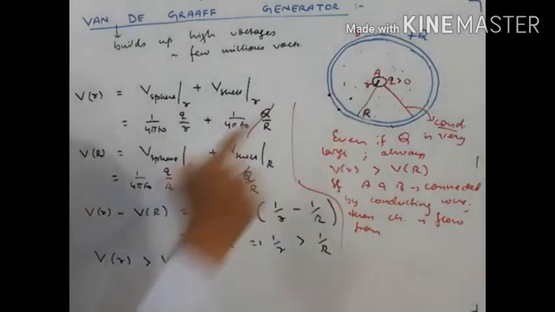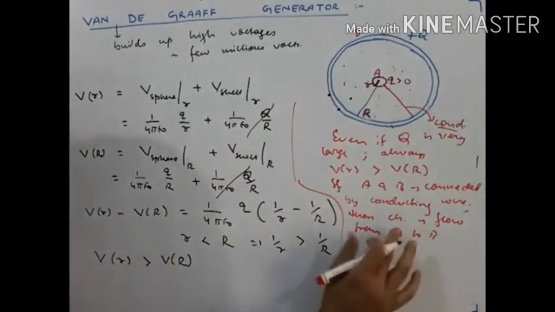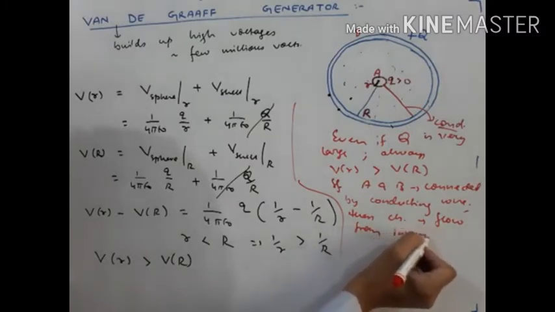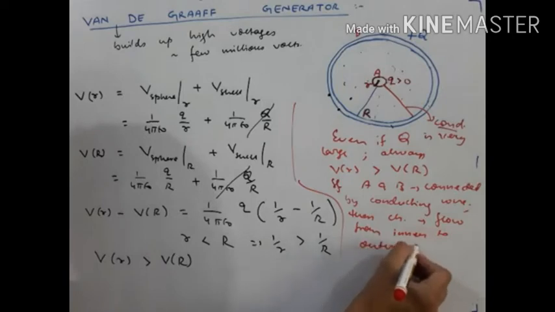So the inner one is at higher potential, we have seen. So from A to B, I should write, from the inner to the outer sphere.